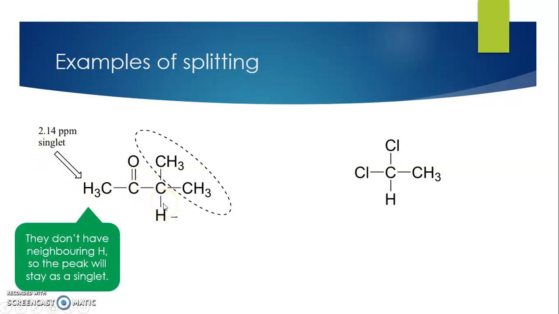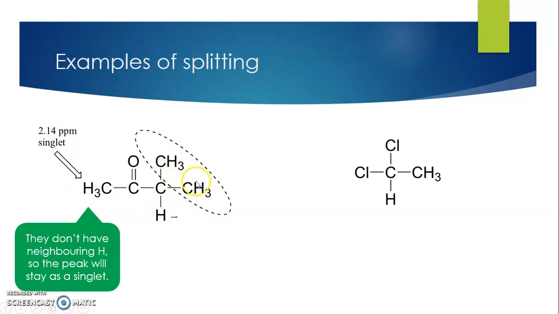There are neighboring hydrogens, but there is also a bond between the hydrogen and the carbon. So hydrogen-carbon, that's the first bond, and then carbon-carbon, second bond. And if you count in that way, this hydrogen here is not really in a neighboring environment anymore. It's too far away, so it doesn't have an effect on the singlet peak it produces.